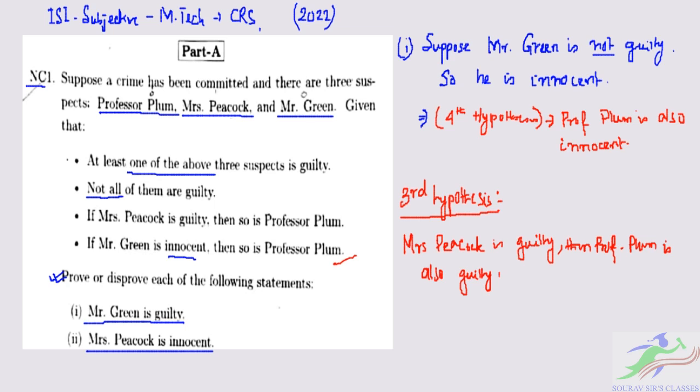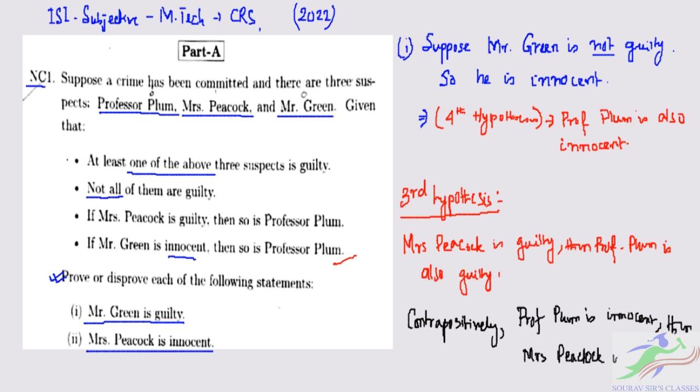In the same manner, contrapositively, we can say that this particular statement can be written as: if Professor Plum is innocent, okay, then Mrs. Peacock will also be innocent, right?